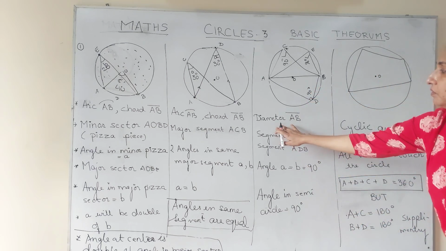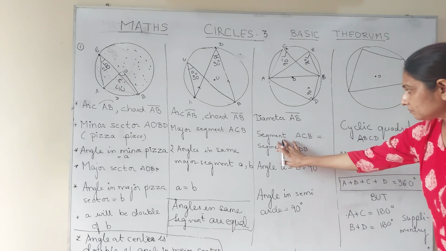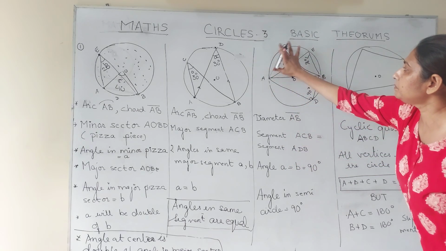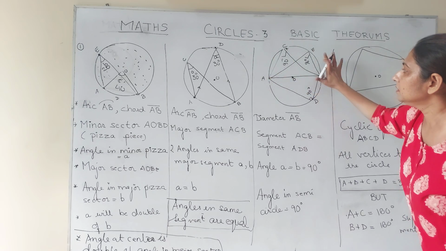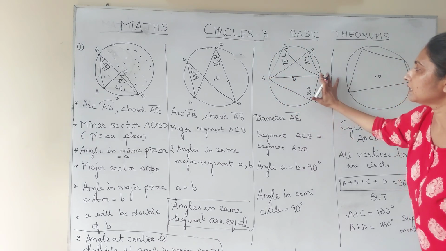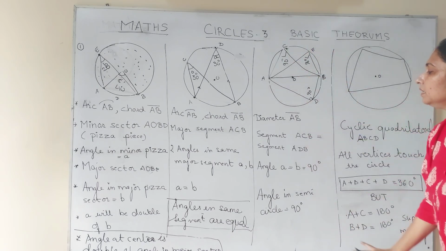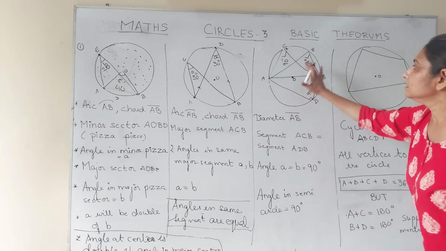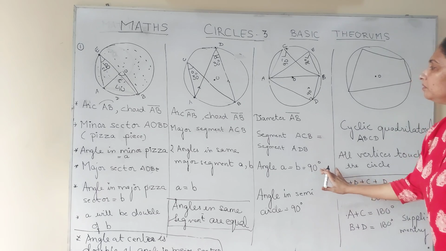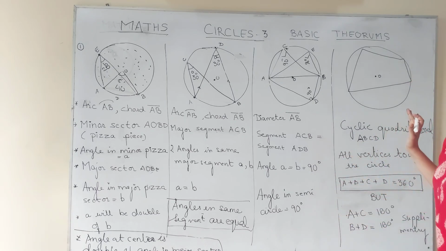So what is it? If you have a diameter AB, then obviously this part of the circle, the segment, is equal to this part of the segment. The pizza here is same as the pizza there, right? Now these angles A, B, C, they will all always be 90.